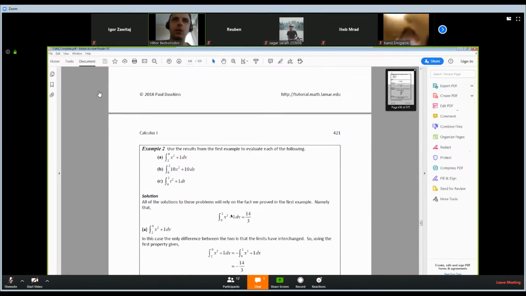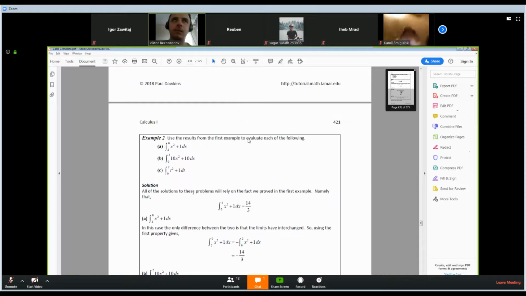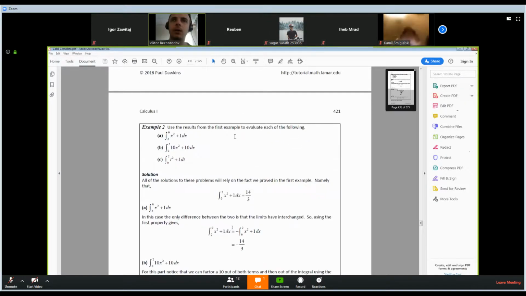Okay, so let us see how the integrals can be computed.